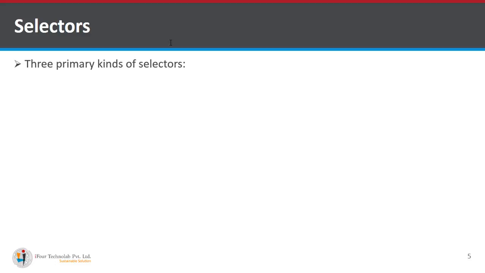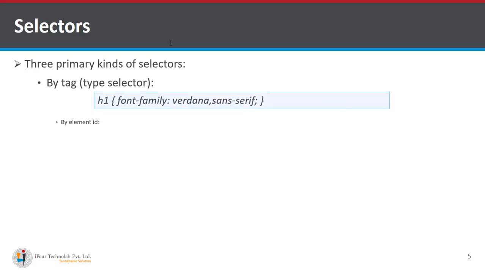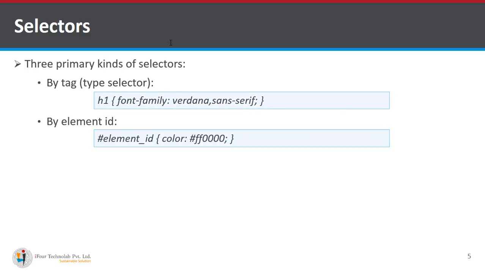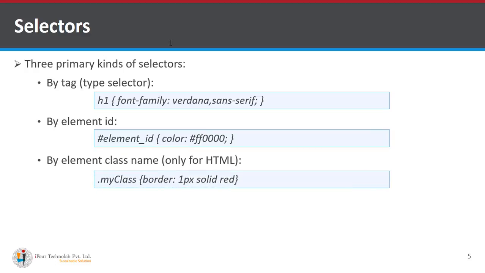Basically, there are three kinds of selectors: by tag selector, or you can say by element; by ID selector; or by element class name selector. Here you can have three examples for by tag, by element ID, and by element class name.